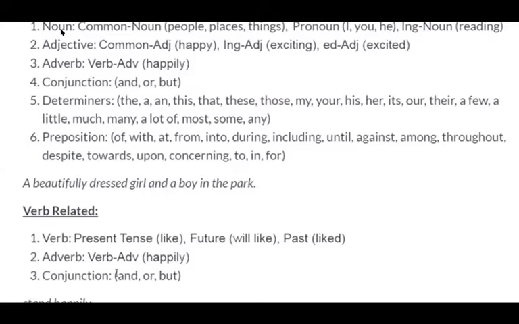A conjunction can connect two verbs or two adverbs. So those three types of words are parts of speech related to verbs. Verb is the only one that's only verb related, and we have adverb and conjunction that relate to both noun and verb.